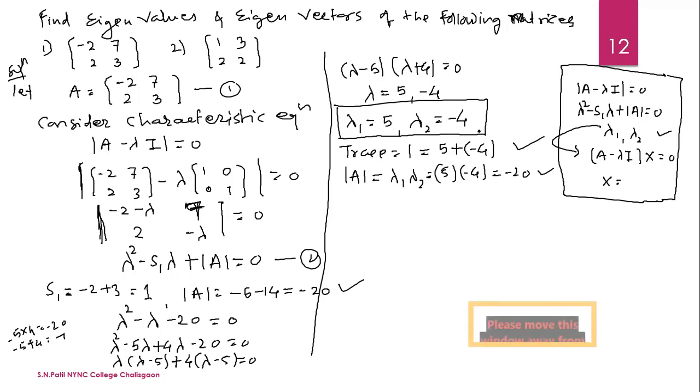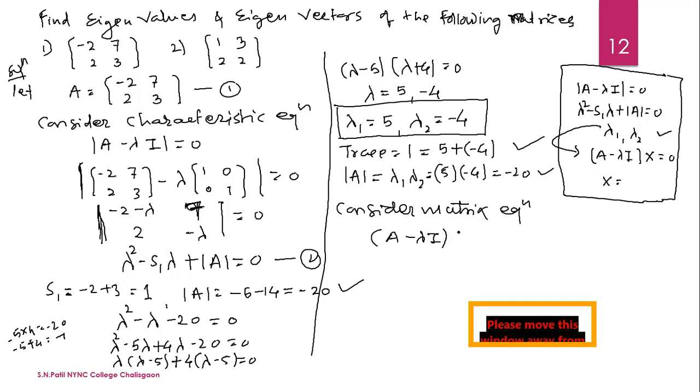For that we consider the matrix equation A minus lambda I into capital X is equal to 0.